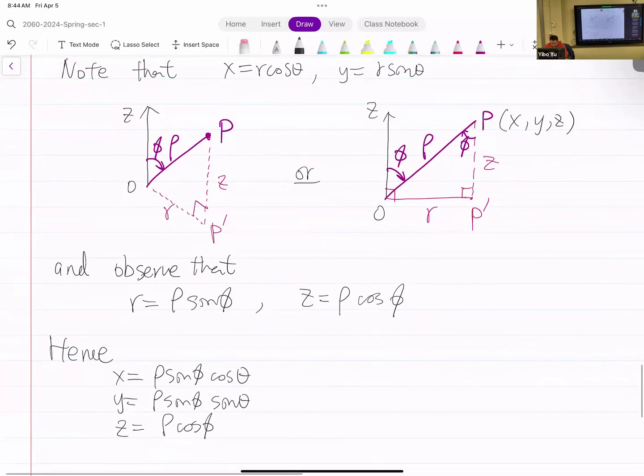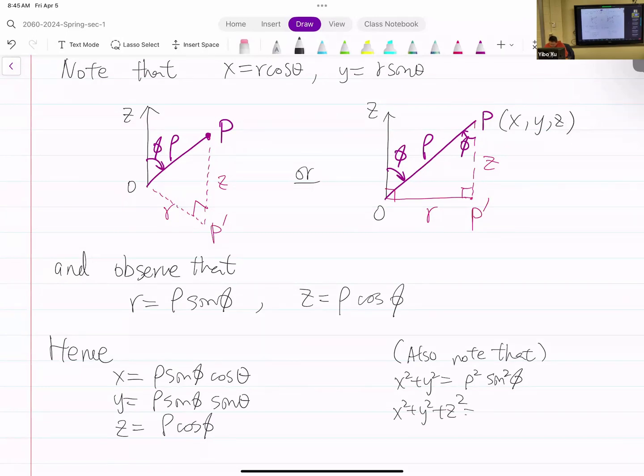And also for the sum of squares, we do have a nice sum of squares here. We know that x squared plus y squared is r squared, and r squared is rho squared sine squared phi.